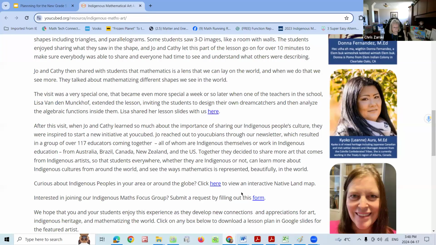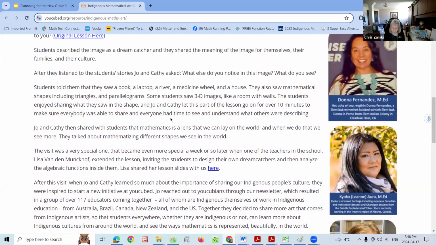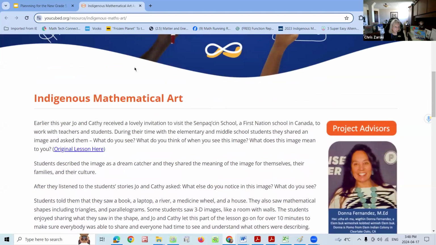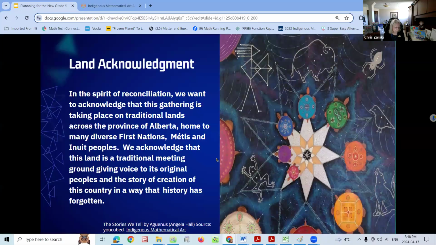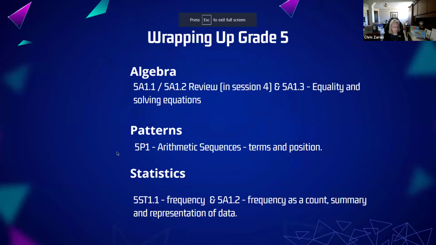The blue in here gives you the highlights of the lesson plan they're working on. They're doing patterning. They're talking about variables. They're talking about how they would take an Indigenous art design and make a table of values for it. So it really ties in to exactly what you're going to be teaching. I thought this might be a nice link, and her work is always amazing, as is the work of these three ladies.